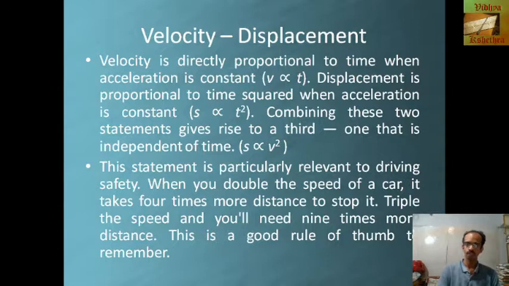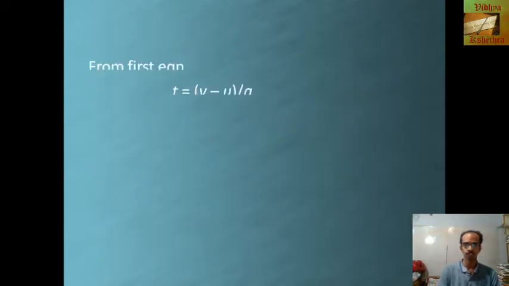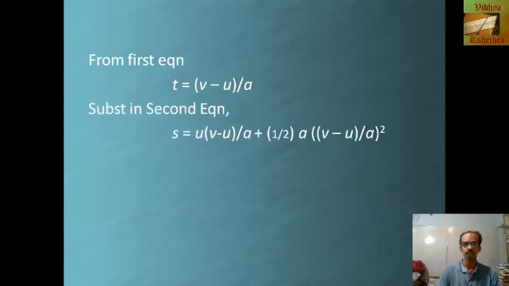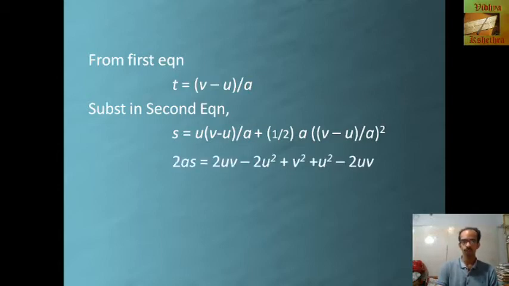Now we can see the derivation of the third equation of motion. From the first equation of motion, time is equal to v minus u by a. And now we substitute the value of t in the second equation of motion and we get this. That is s is equal to u into v minus u by a plus half into a into v minus u by a the whole square.